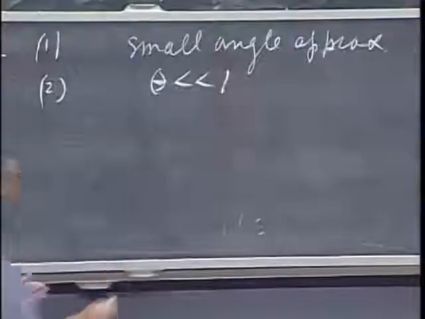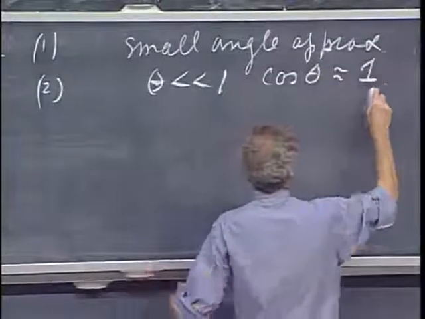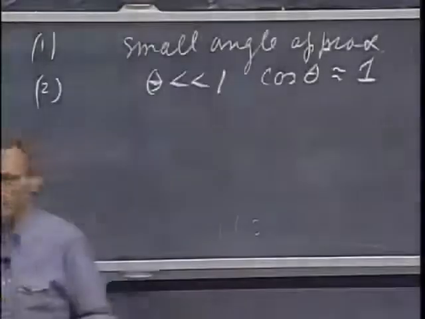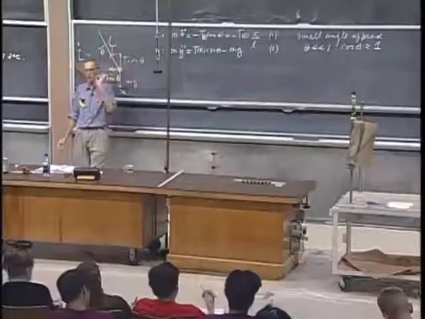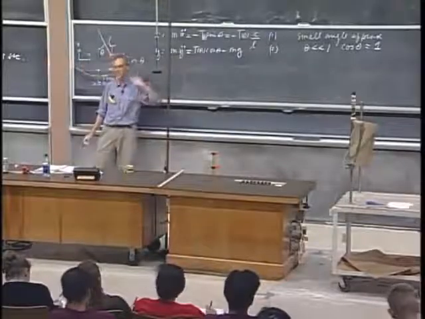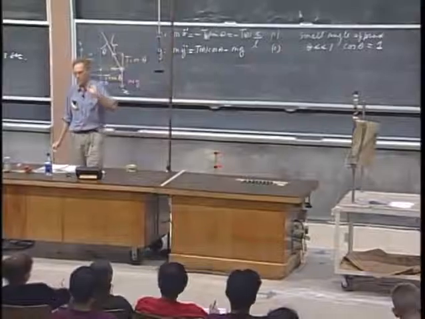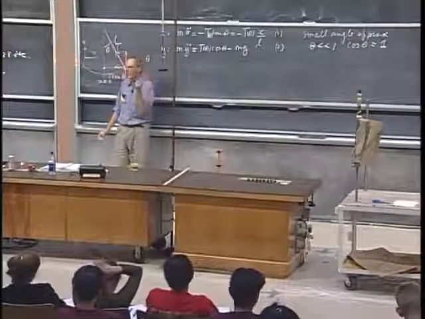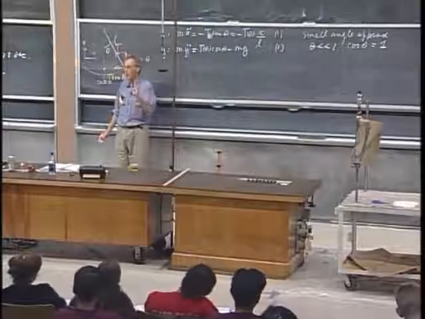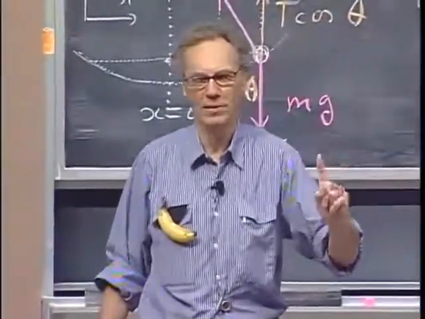If that's the case, the cosine of theta is very close to 1. You will say, well, how close to 1? Okay, 5 degrees. The cosine is 0.996. That's close to 1. 10 degrees. The cosine is 0.985. That's only 1.5% different from 1. So even at 10 degrees, you're doing extremely well.